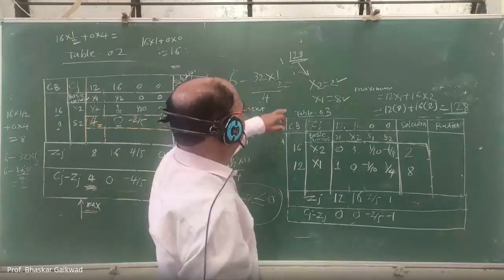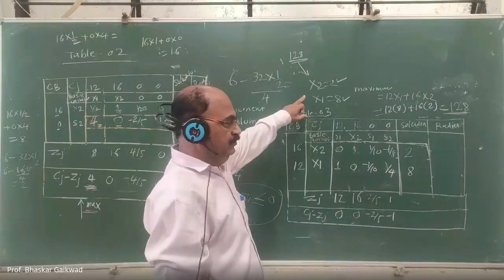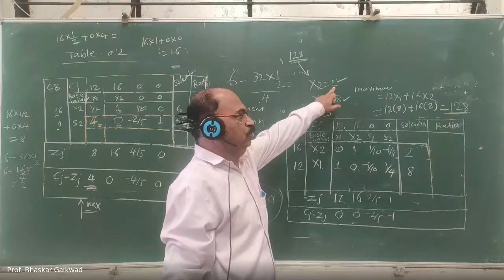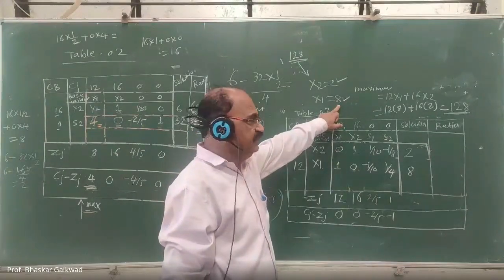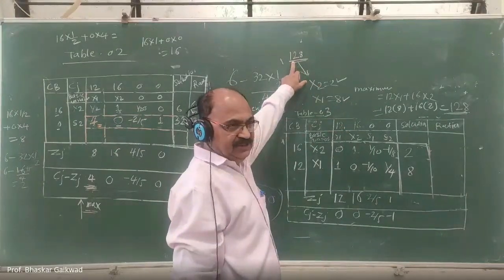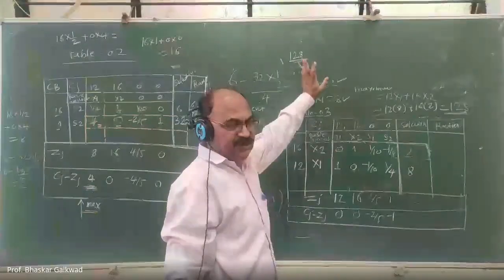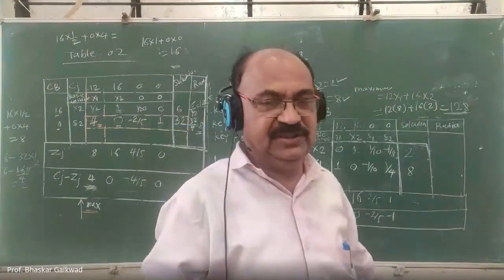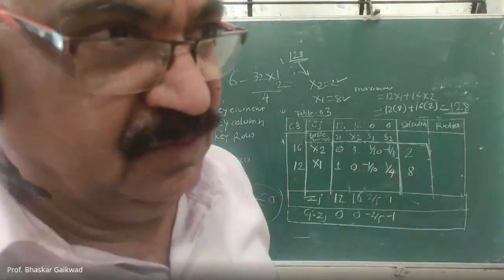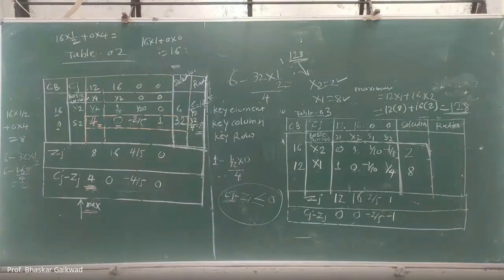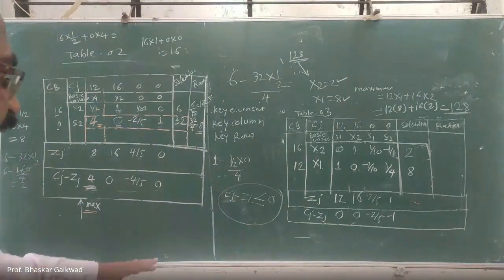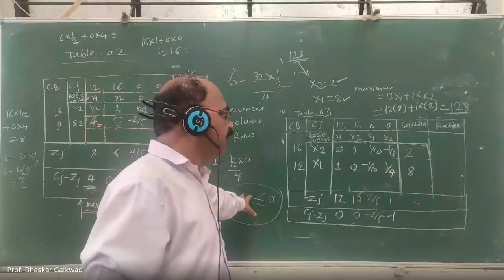To manufacture the product, x2 should be 2 and x1 should be 8, subject to the given constraints, then you will get this maximum profit of 128. So this is the first problem of linear programming, the maximum condition.